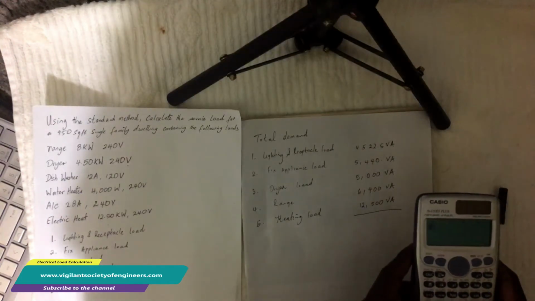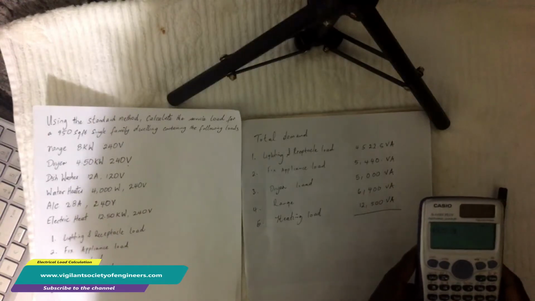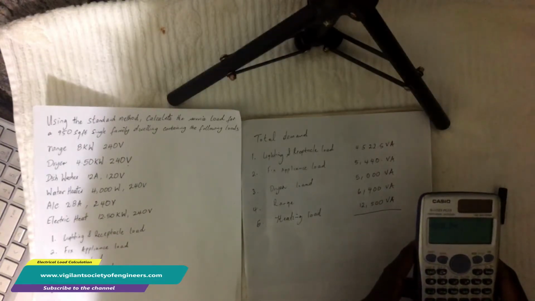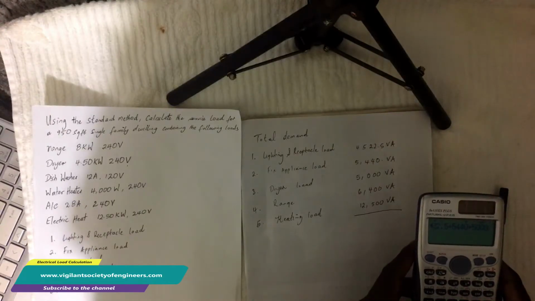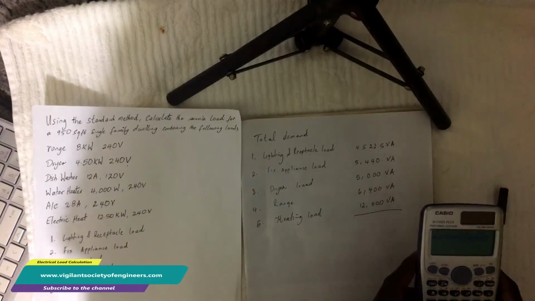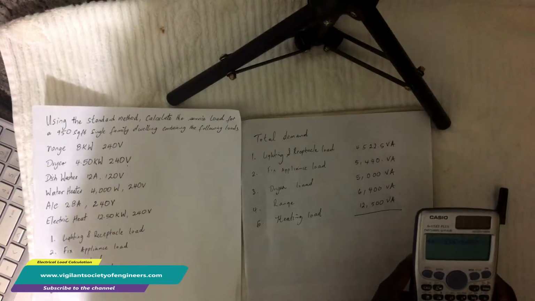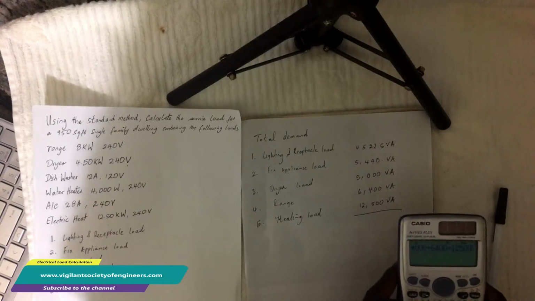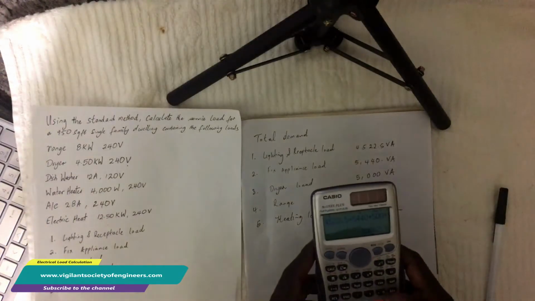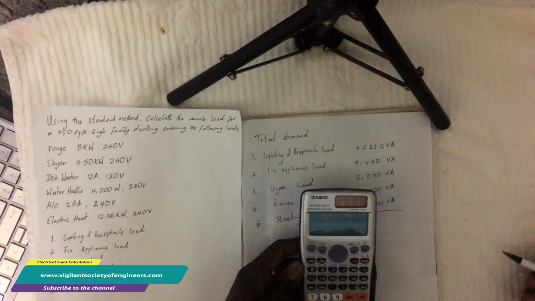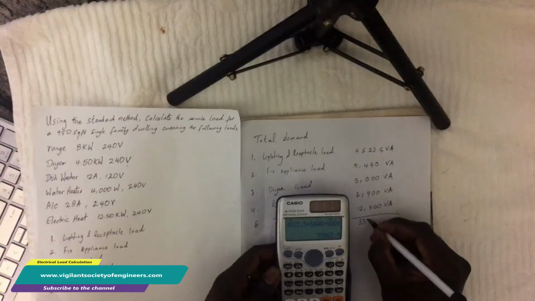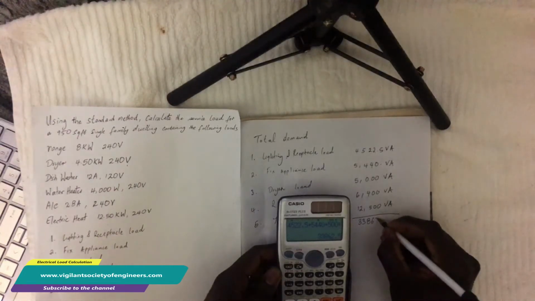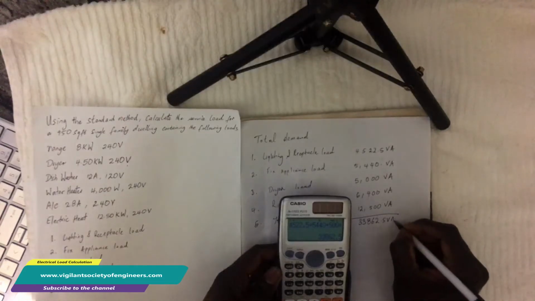So now we just add the values, and that works out to be 33,862.5, right?